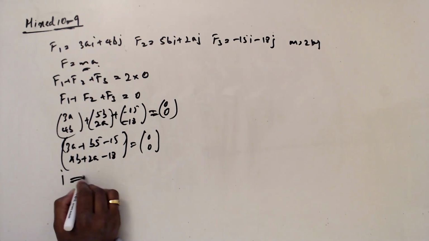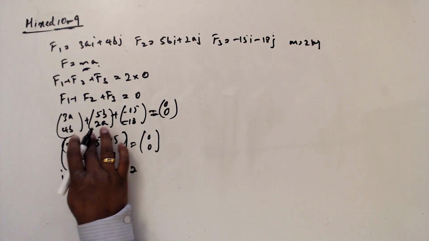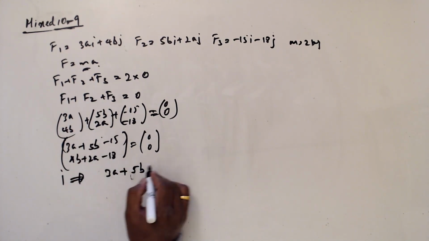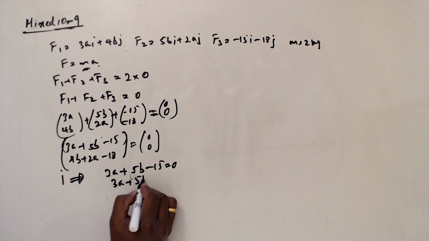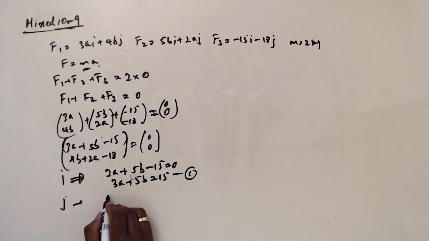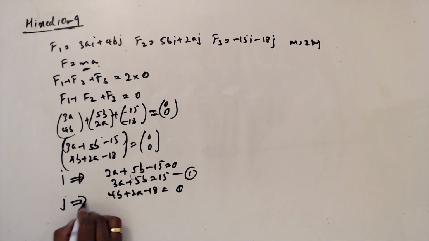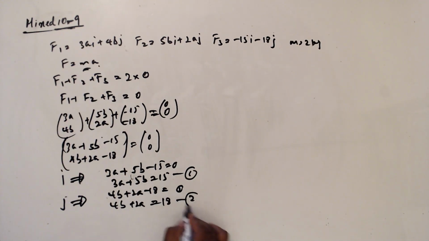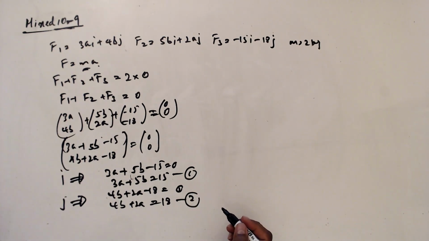When we consider the i component, 3a plus 5b minus 15 equals 0. So 3a plus 5b equals 15, that is equation 1. Then j: 4b plus 2a minus 18 equals 0 when you consider the j component. 4b plus 2a equals 18, that is equation 2. Now we want to solve those two simultaneously to get a and b.